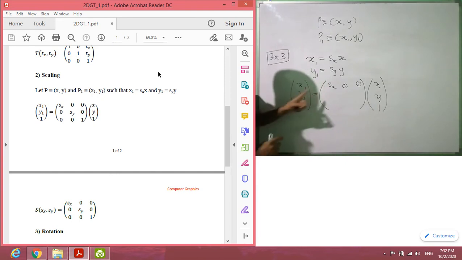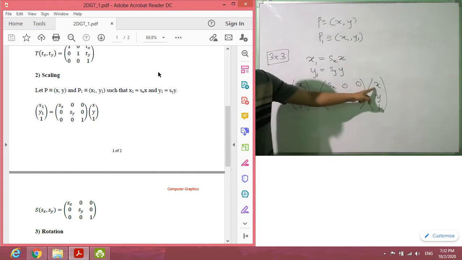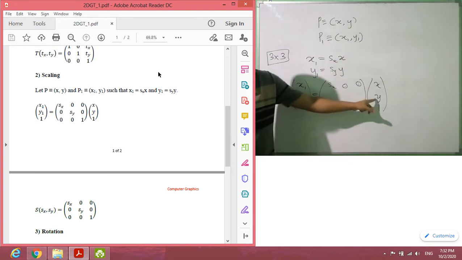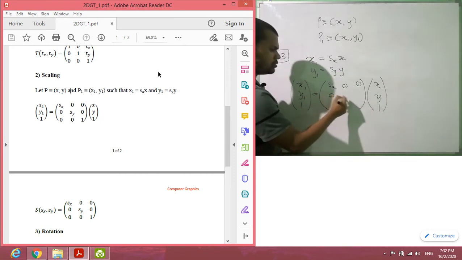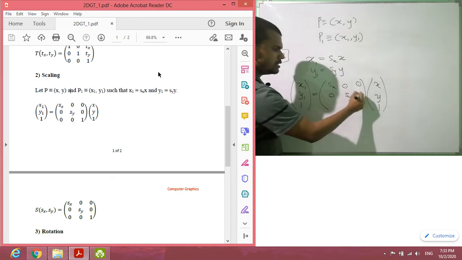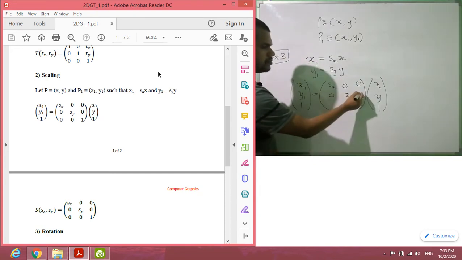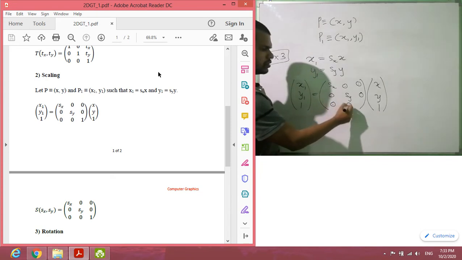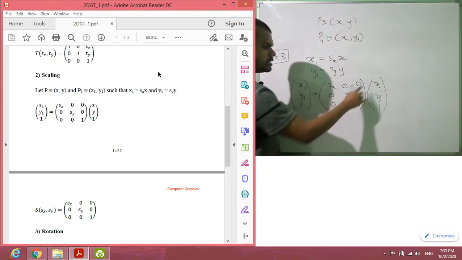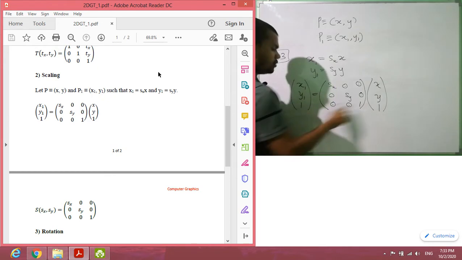Then you will get sx into x, this term, then 0, 0. And in order to get this, here you have 0, sy, 0. Now in order to get this one, you have to put 0, 0, 1. 0 into x, 0, 0 into y, 0, 1 into 1, 1.